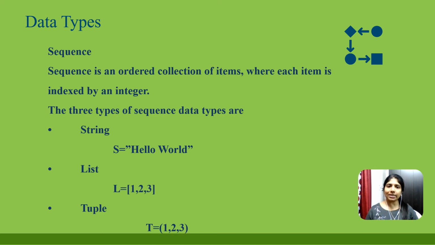First one is string, second one is list, third is tuple. If you see in string data type, S equal to hello world, H is indexed as 0, and for E the index value is 1. Like that, all the characters have an index value associated with them.